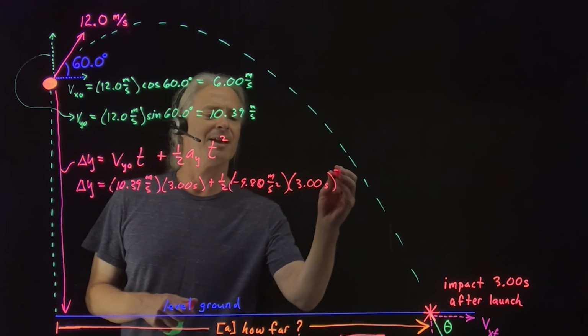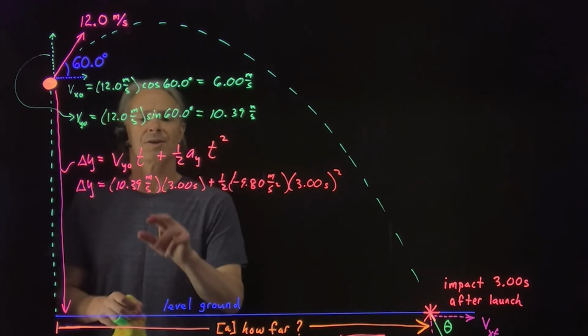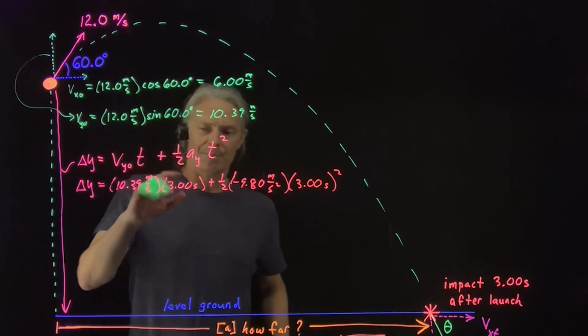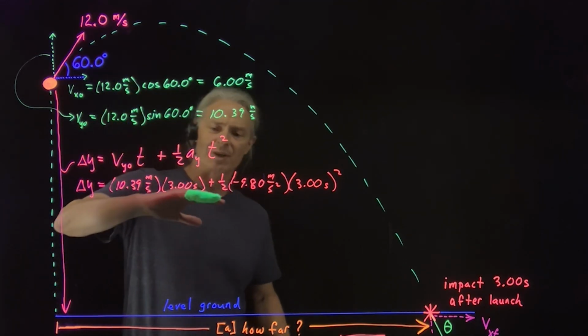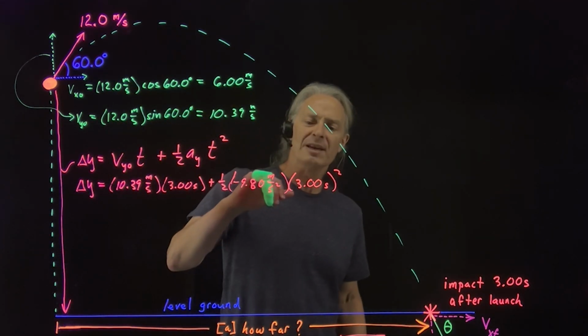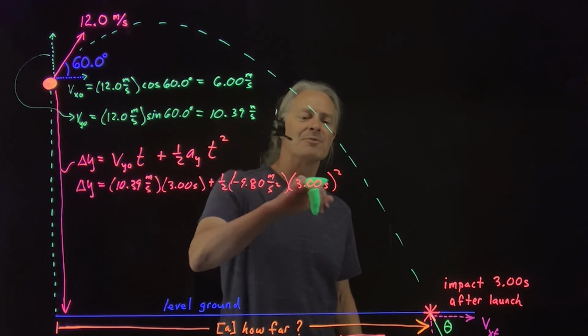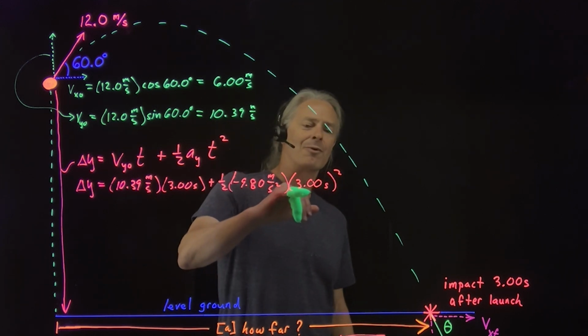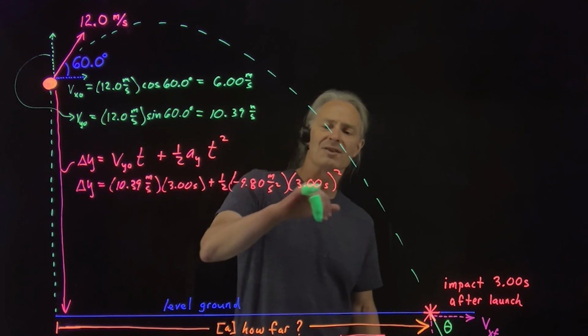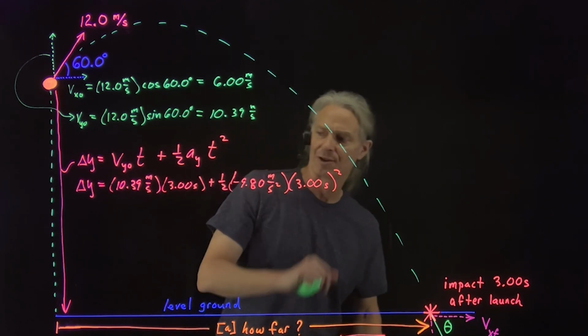I've got to square that. Look at our units. Meters per second times seconds will give us meters here. Meters per second squared times seconds squared, right? 3 squared times seconds squared. The seconds squared will cancel. We end up with meters here.